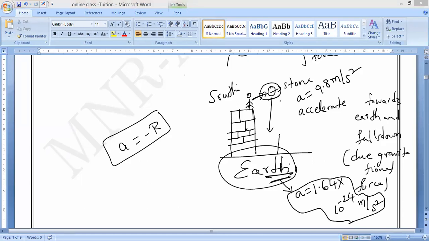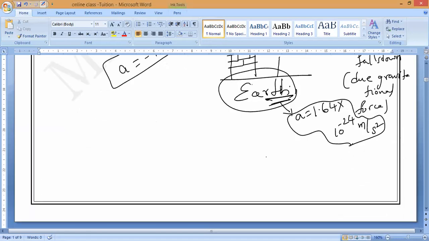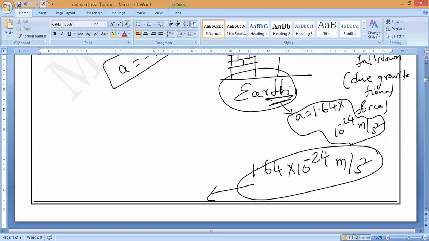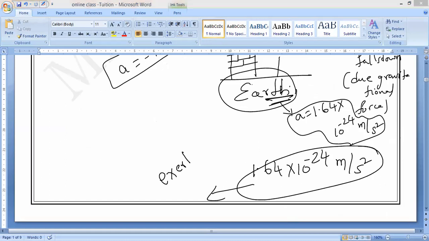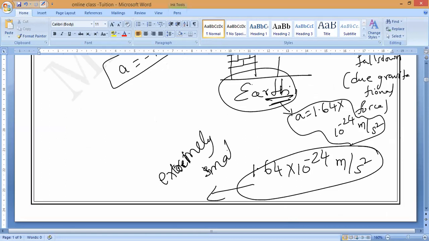Since this acceleration produced in the Earth is extremely small, because it is minus 24, that is why we cannot observe the earth moving towards the stone; only the stone is moving towards the earth.